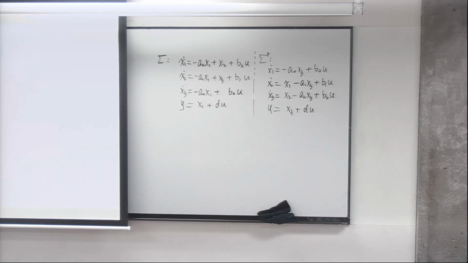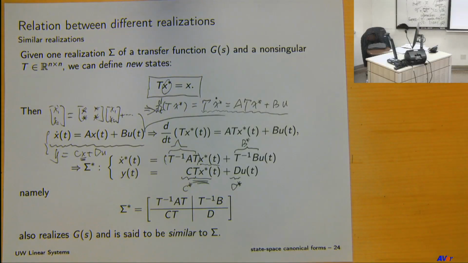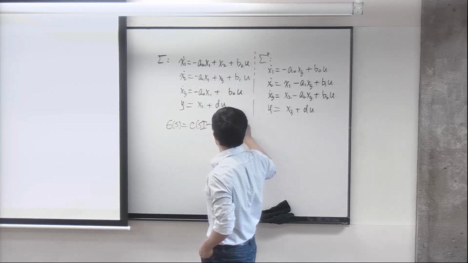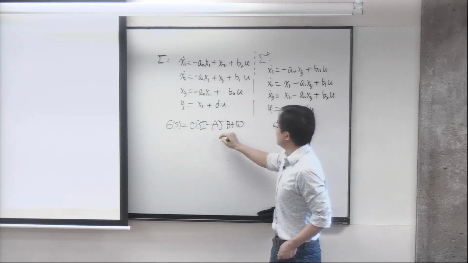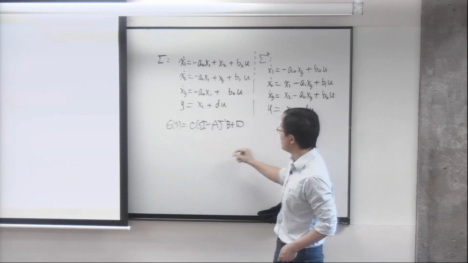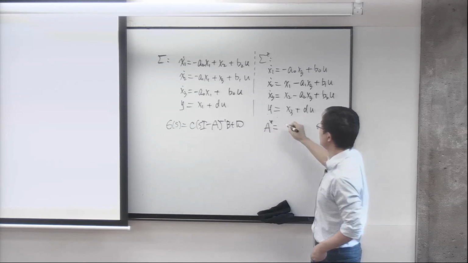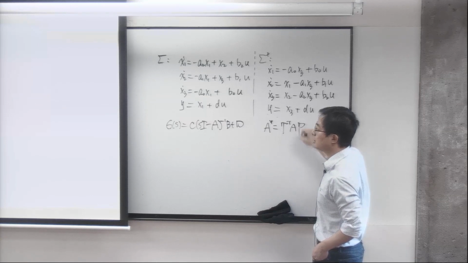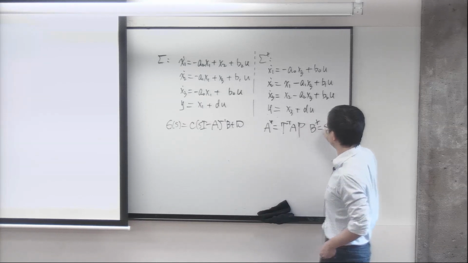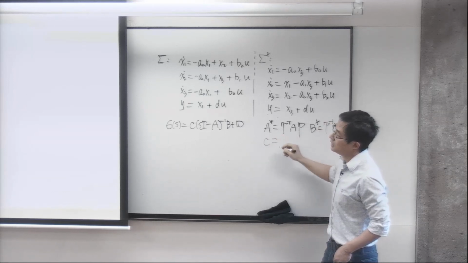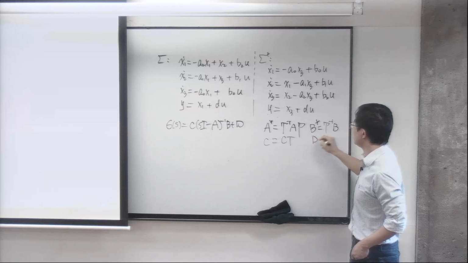So here is the realization that we went through. Now, in the original system, ABCD, the transfer function would be C (sI minus A) inverse B plus D. Now, if the new ABCD matrices are, let's say, A star, which is our lambda over there, equals T inverse AT, B star is T inverse B, C star is CT, D star is the same.